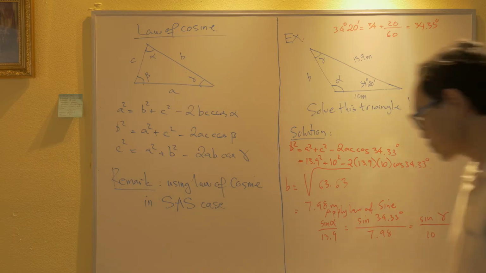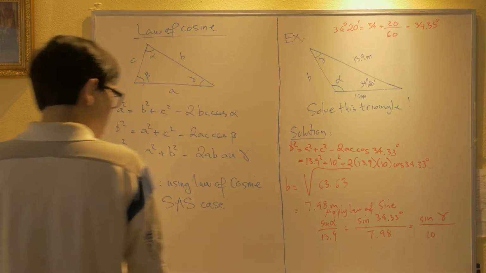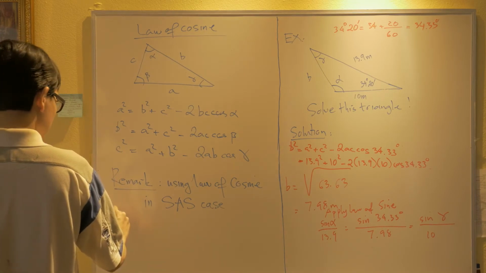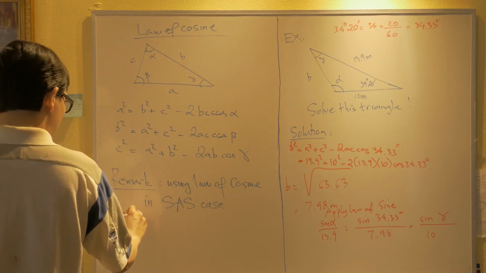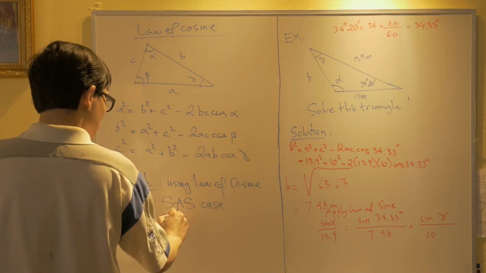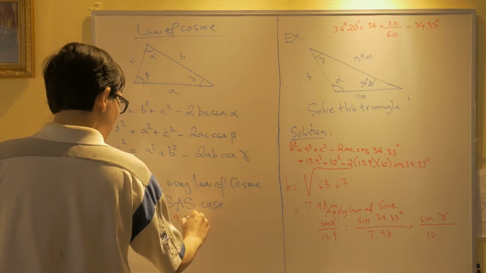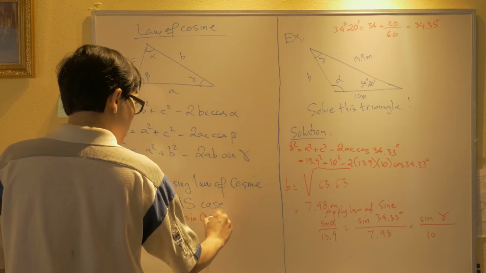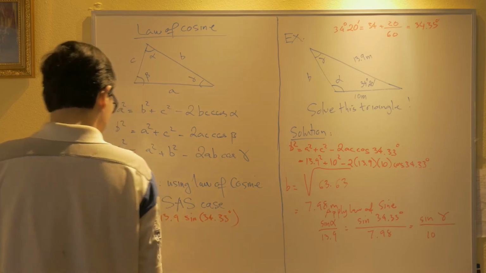So what we have is 7.98 sine alpha equal to 13.9 sine of 34.33 degrees.